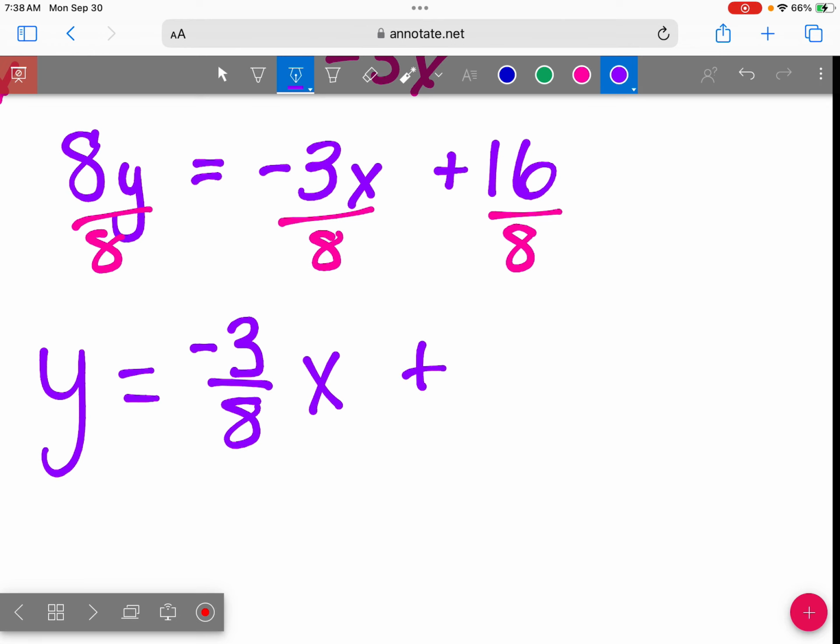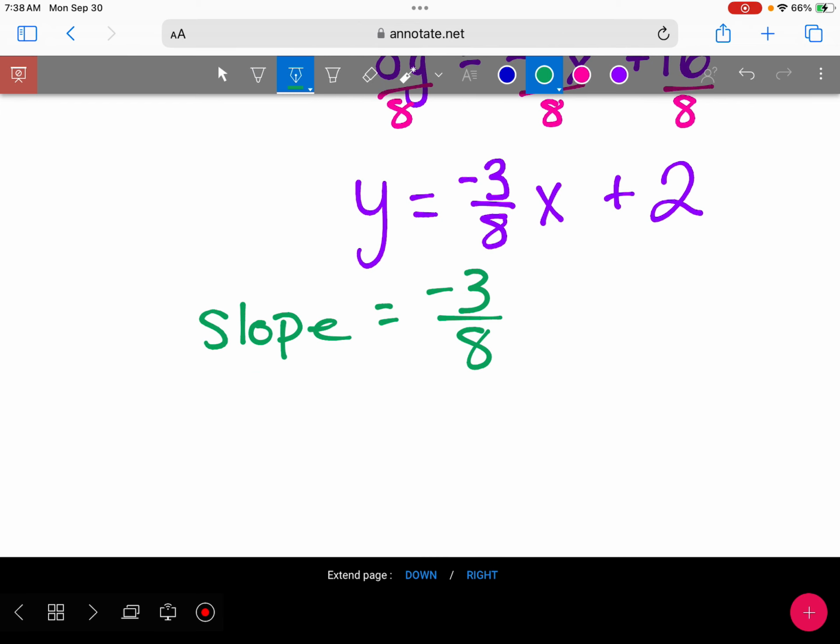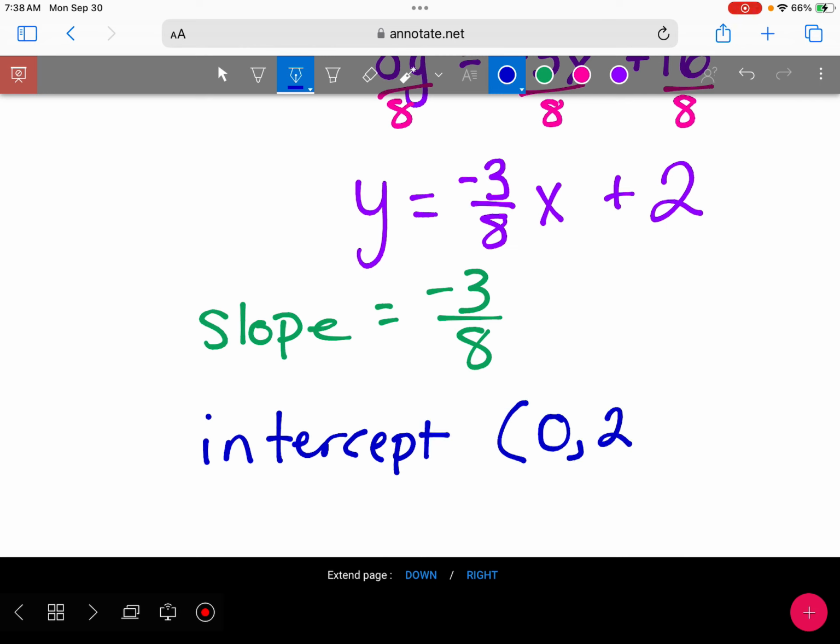How about 16 over 8? 2. So what is our slope? Negative 3 over 8. And our intercept, as a point? The point 0, 2.